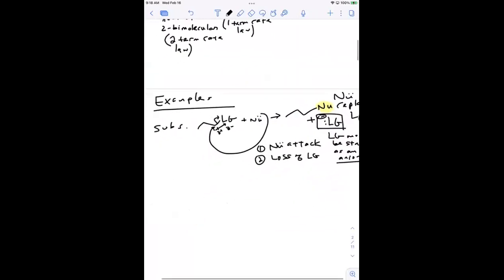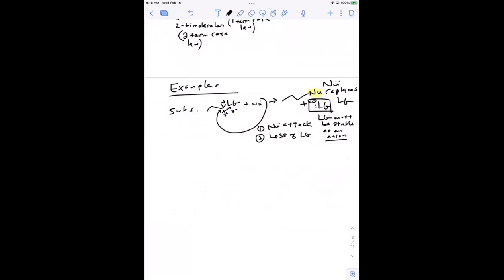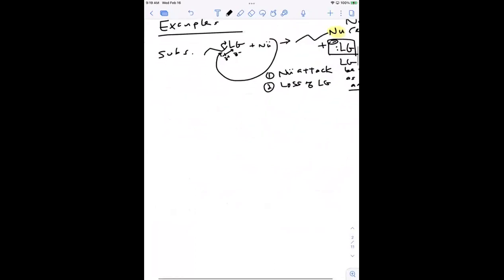So that's a generic version of substitution. And elimination. What you'll find out is that the end product for an elimination is always what? Somebody help me from part one. Isn't it the formation of a double bond?